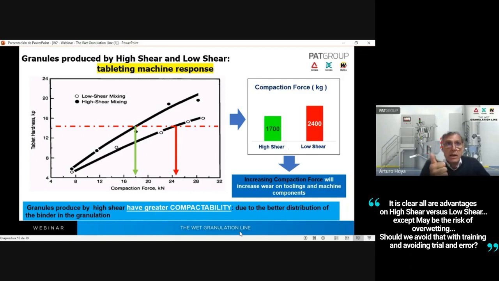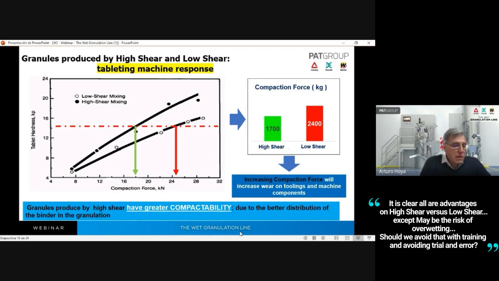Let's say impeller speed, the flow rate of the liquid binder, and the granulation time. These three critical variables, controlled, will avoid that we produce high densification and high overwetting or overgranulation.